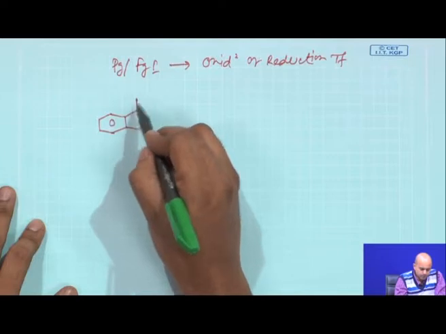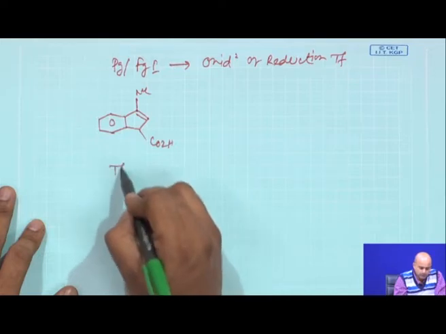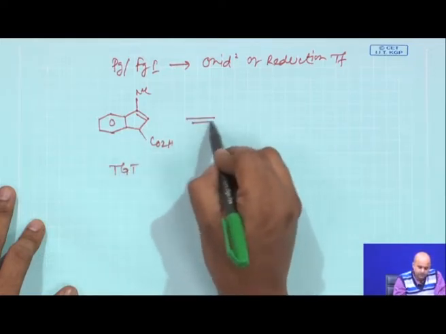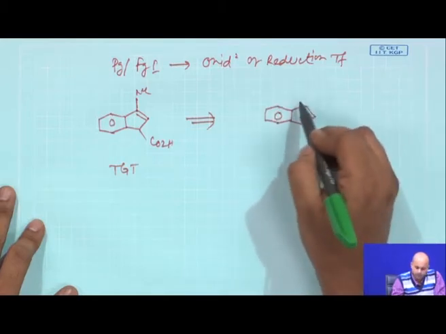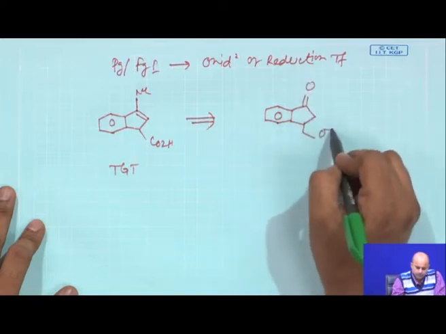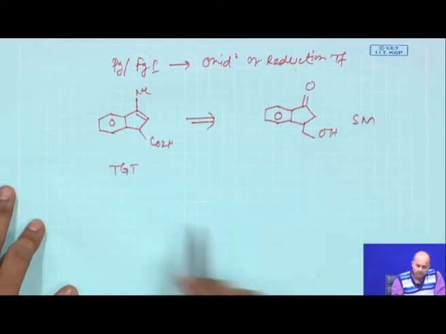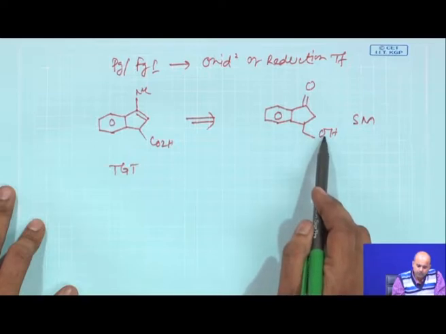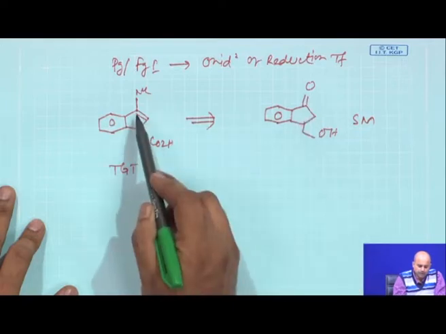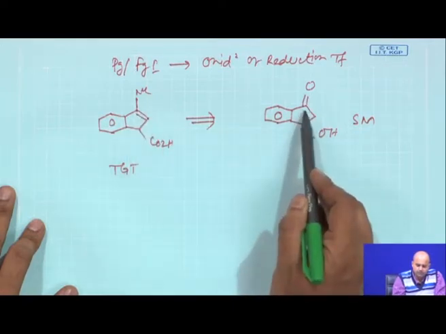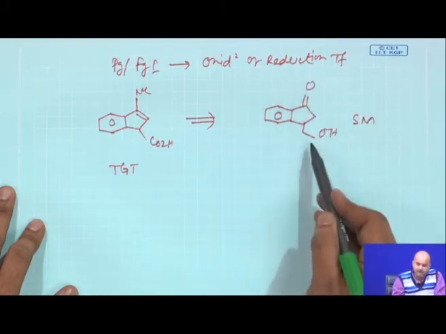The compound given to you as the target molecule, you see the structure, this is the target, and the starting material which was also given to you is basically a keto alcohol. What exactly do you need to do? You need to oxidize this alcohol to acid, and then somehow put a methyl group with an olefinic unsaturation here. So you need to selectively react this ketone functionality as well as the alcohol functionality.